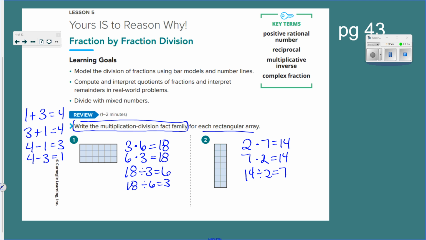Tell me the other one. There we go. What do all these have in common? 14, 7, and 2. It doesn't change if they're a fact family. They all have the same 3 numbers.